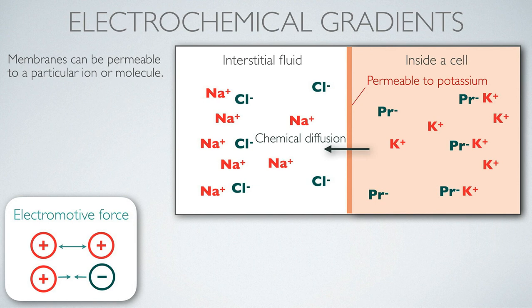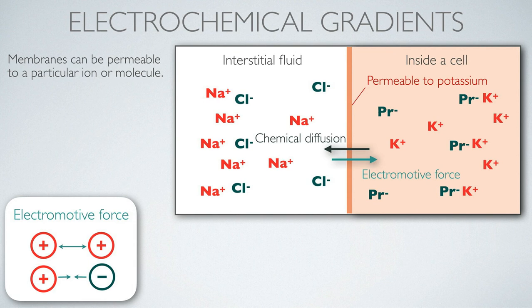Whereas in the interior of the cell, we have those negatively charged proteins, which tend to, because of the electromotive force that we see in the bottom left-hand corner of the slide, the negative proteins tend to attract the potassium. Of course, the chlorides attract potassium as well. But the electromotive force will tend to favor potassium staying in the interior because we have a net positive charge on the exterior of the cell in this case.